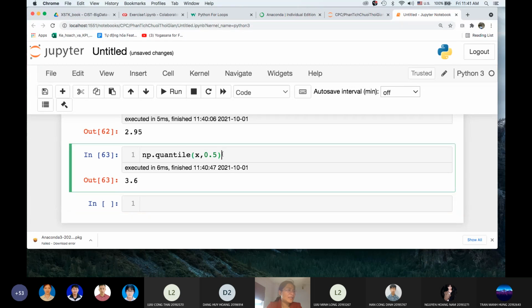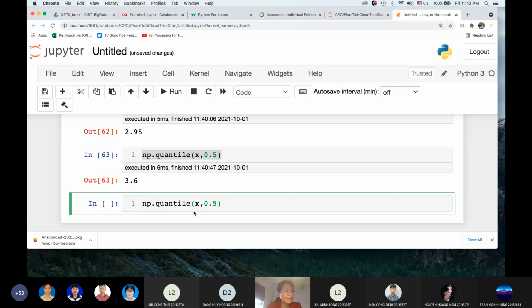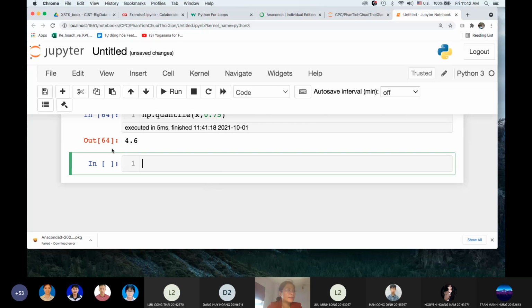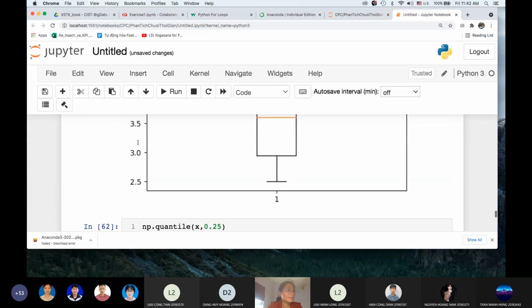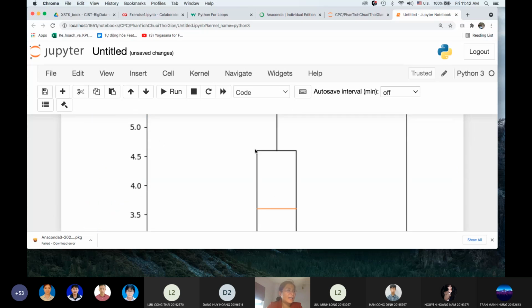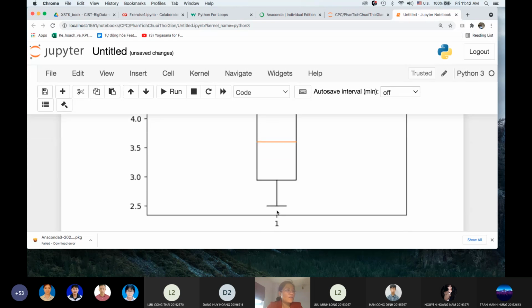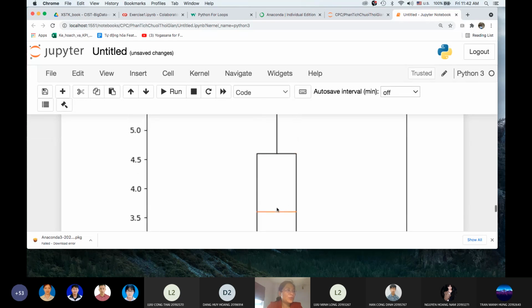And what is Q3? Q3 means the quantile of 75%. It's 4.6. This line is 4.6. It means that from the minimum to this point is about 75% of the data.